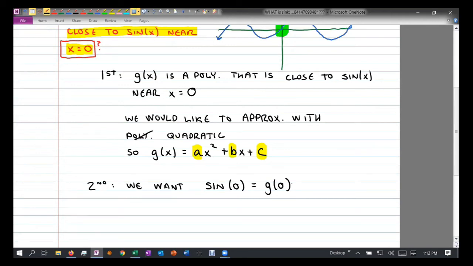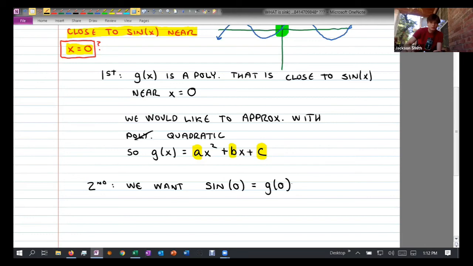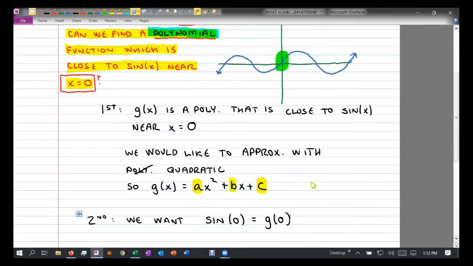We want when you plug in 0, the sine and g to be equal. Yeah, you basically want both of these functions to coincide at 0. I just did it in red. Do y'all see that? We would like for them to have the same values at 0.